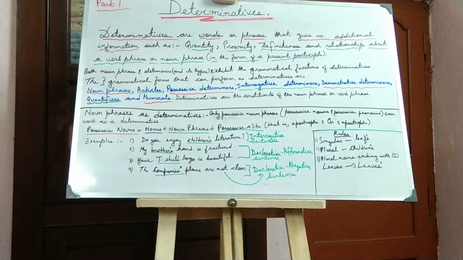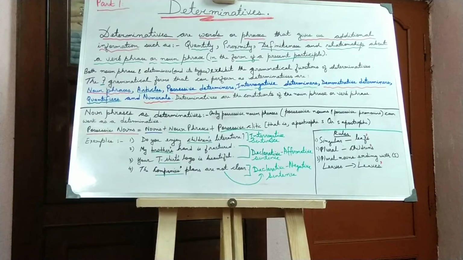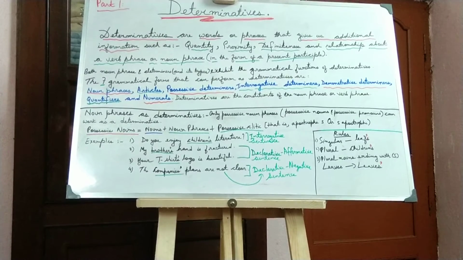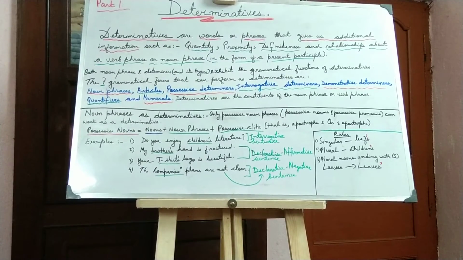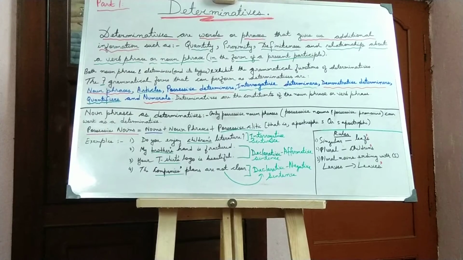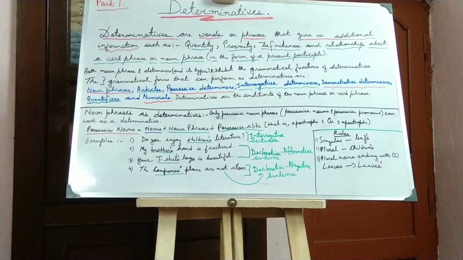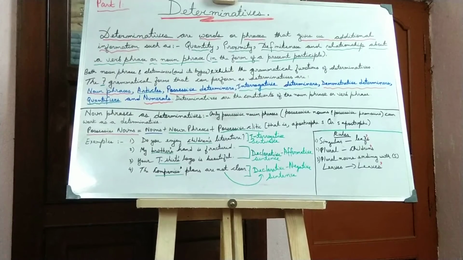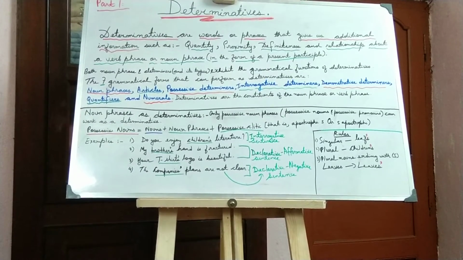Possessive nouns equal the normal nouns plus noun phrase plus possessive clitic. In our dictionary language, clitic is known as apostrophe s or s apostrophe. That means anything to which we add apostrophe s becomes a possessive noun or possessive pronoun. Clear? Okay. Now let us see the examples.